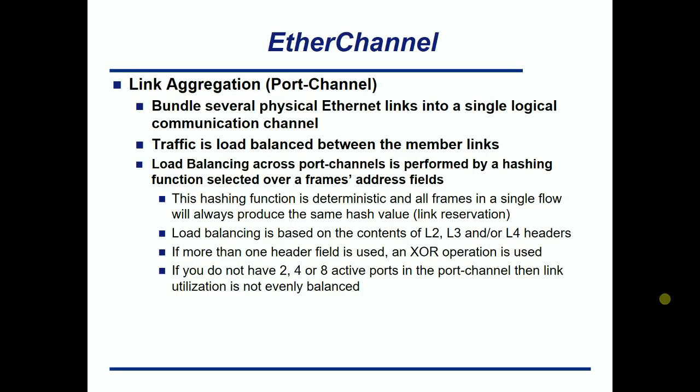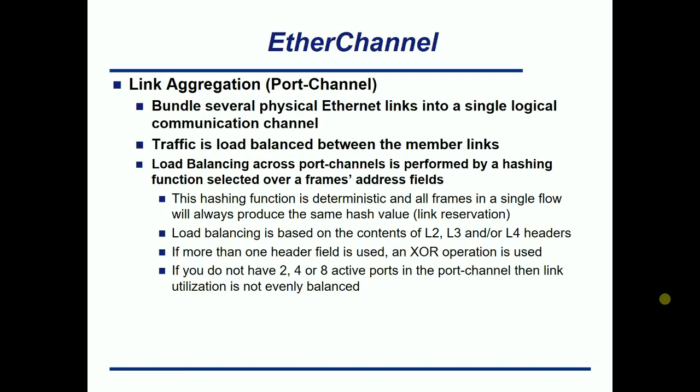I like to call this link reservation or lane reservation, because every time a flow comes in, I'm going to be evaluating the same exact headers. So depending on if it's coming from one specific IP address going to a specific destination address for that flow, I'm always going to be using that same link.